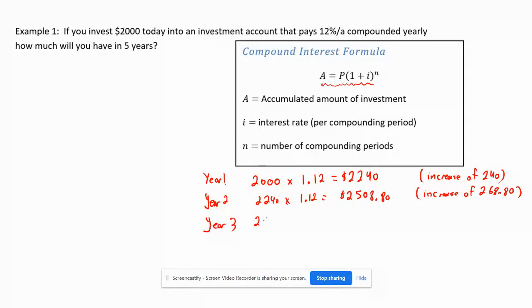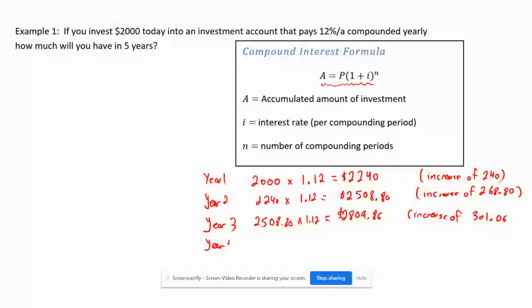So year three is going to be 2,508.80 times 1.12 again, which is 2,809.86, rounded. So the amount that we earned is an increase of 301.06. Again, in year three, we're earning even more interest.